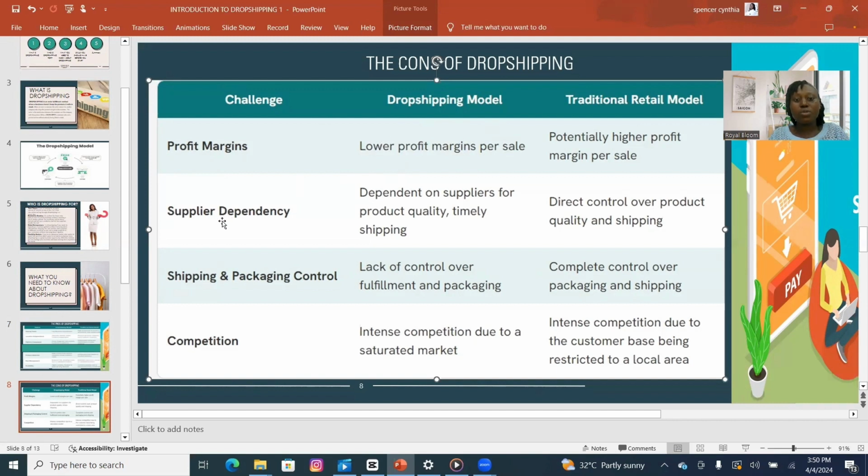The next is supplier dependency. As a dropshipper, you do not call the shots, obviously. The supplier calls the shots. The supplier pulls the string. The supplier tells you when they want to ship out, how they want to ship out. So peradventure, you have a customer who wants you to deliver an item within 2 days.